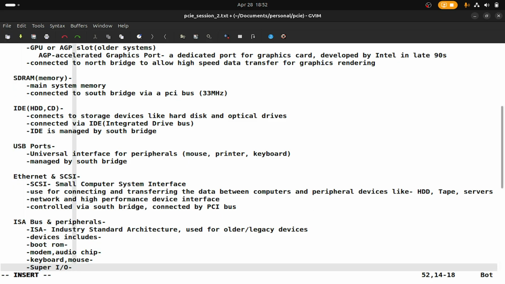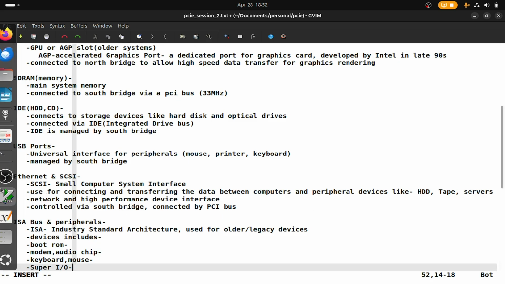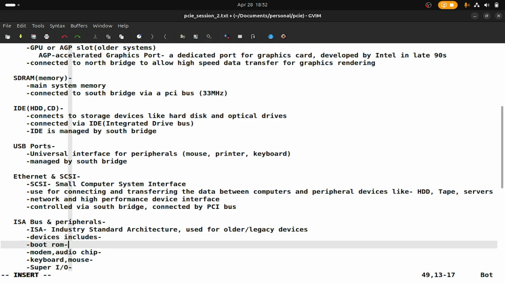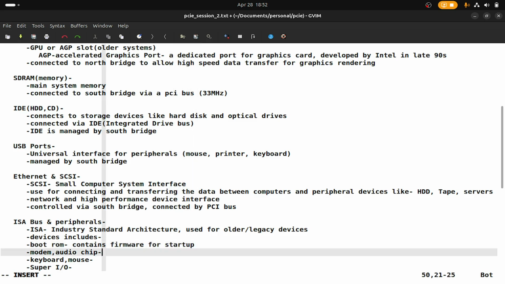So just a few words regarding that. Boot ROM contains firmware for startup. After that, some modem or audio chips, simply for communication and for audio devices.